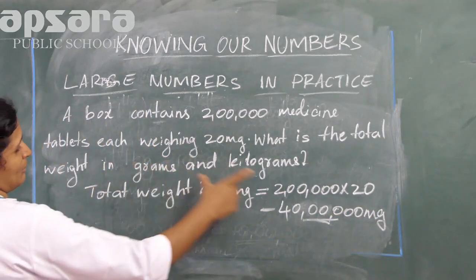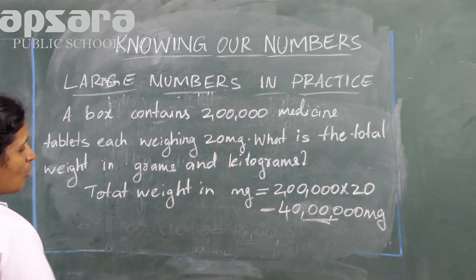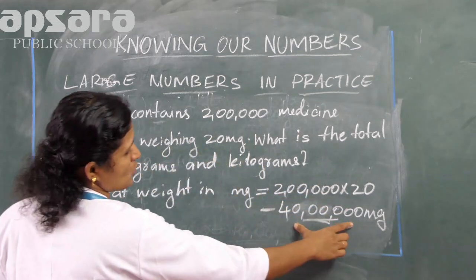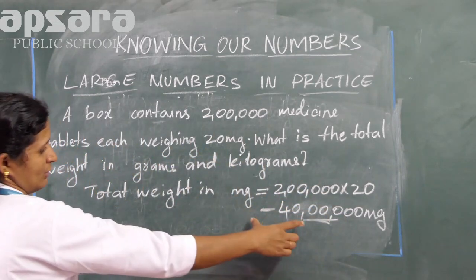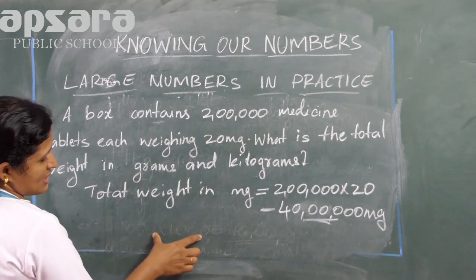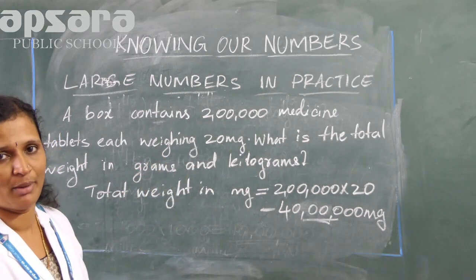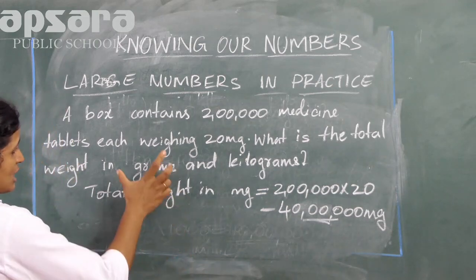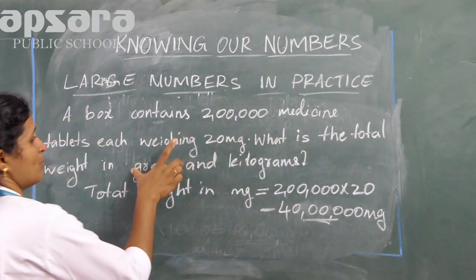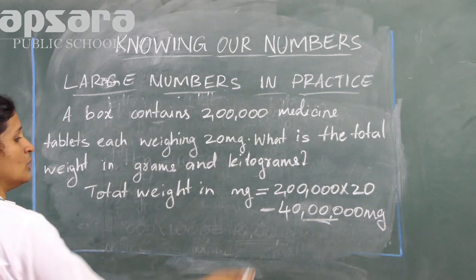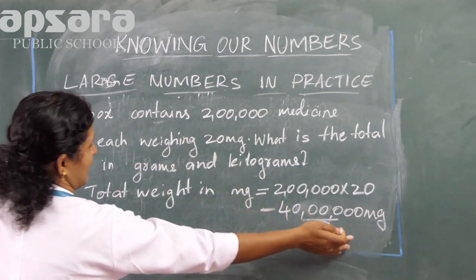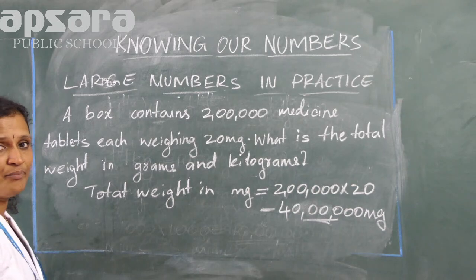Next, to convert that milligrams to grams. 1 gram is equal to 1000 milligrams, right? So converting upper scale to lower scale, you multiply, right? Multiply by 10, multiply by 100 and multiply by 1000. Here they ask you to convert this lower scale to upper scale, right? So what you have to do? Just divide. Milligram and gram, how many steps? 3 steps.